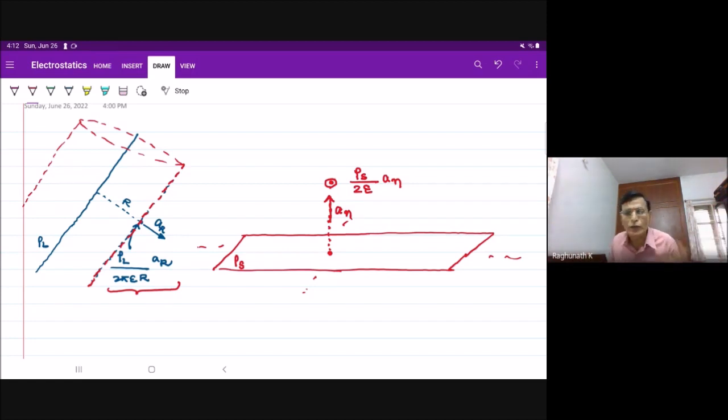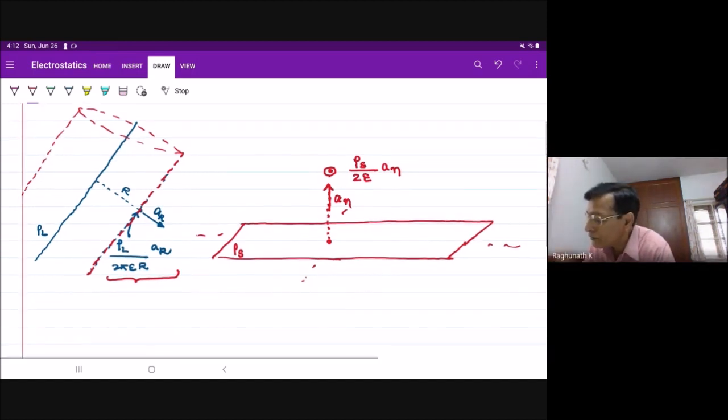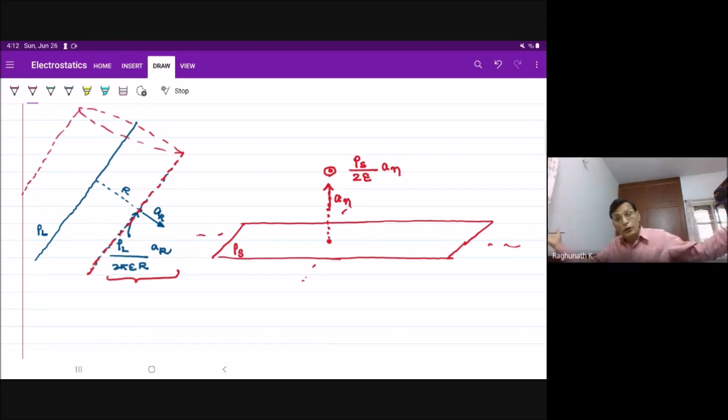For sure. But in this case, if you see, there is infinitely huge region on one side of this surface, and the region of equal size on the other side also.